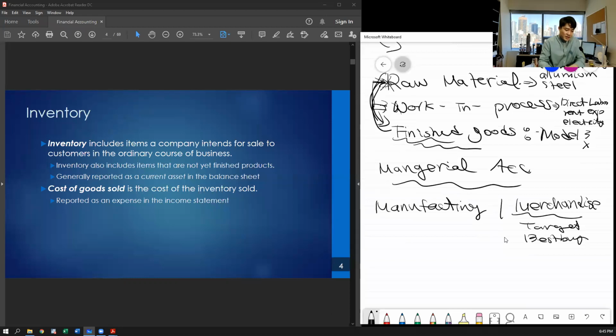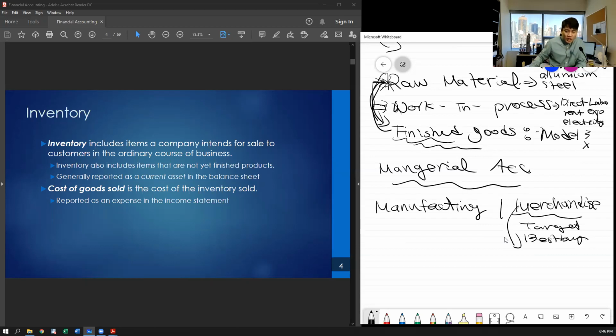They are just retailers. They receive finished goods from the manufacturing companies, arrange items on the shelf, and deliver the products to the customers. So merchandise companies don't report raw material or work in process. They only report inventory, which basically equals the finished goods. That's another thing you might want to know for different types of companies.